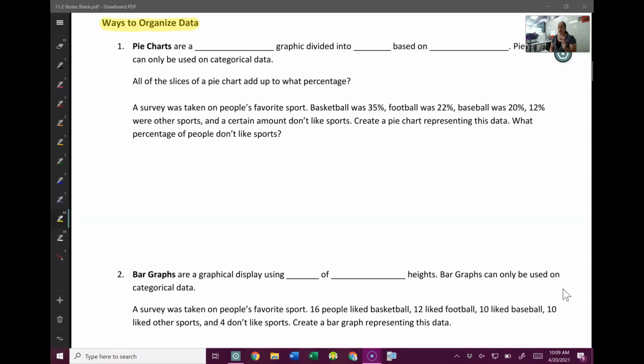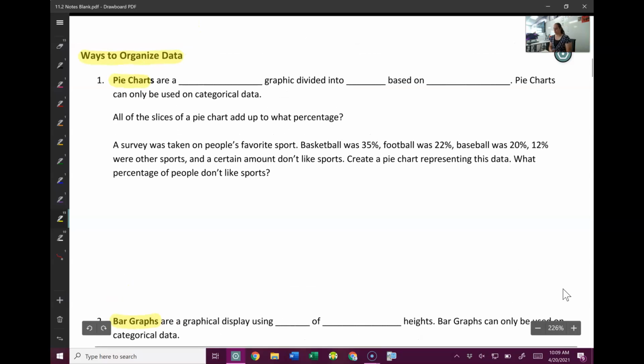your group project. But I do want to talk about two very common categorical graphs, and that is pie charts and bar graphs. Pie charts and bar graphs are both used for categorical data. Favorites, any kind of question that gives you word answers. So let's go through pie charts first.